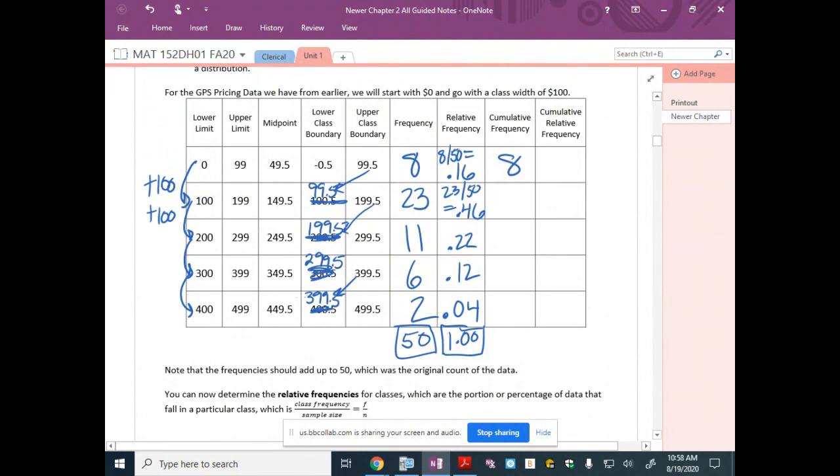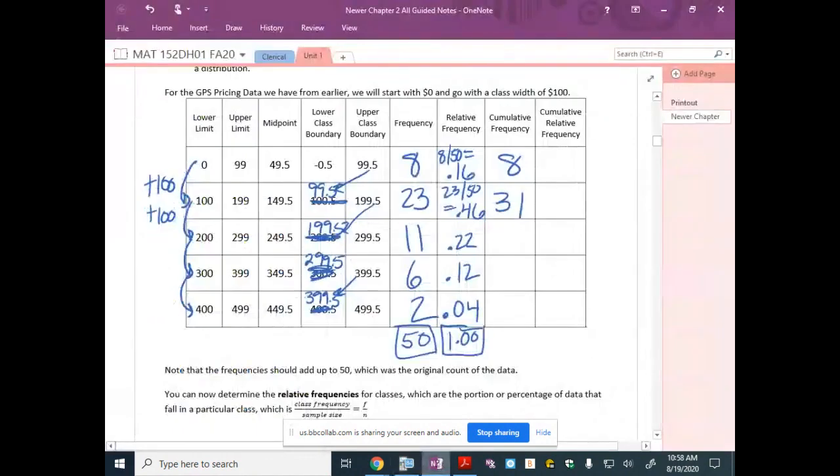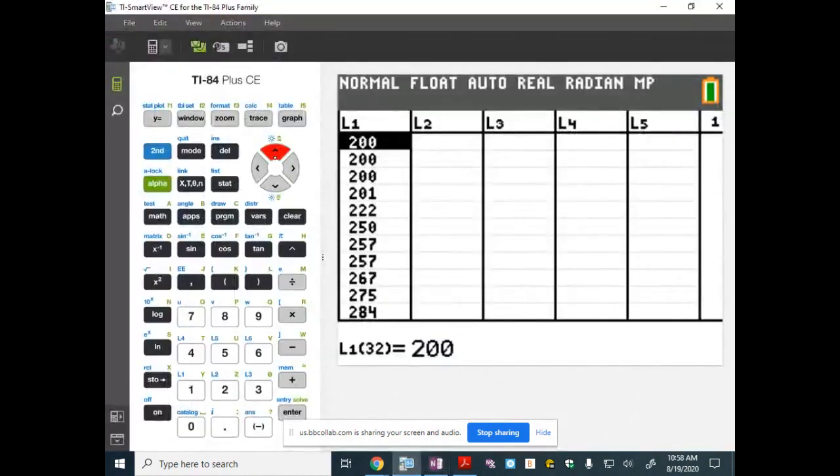For the next one, we had 8 before that, we added 23 to that, so we would get 31. Now, let's go back to the chart and see how many pieces of data were below 199 or below. Look, 31. So you can see it that way.